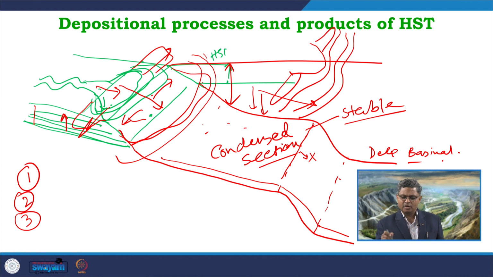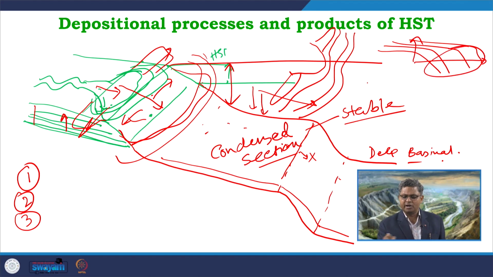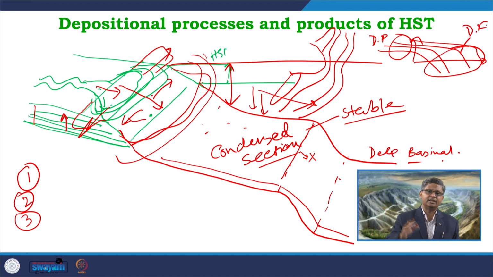Definitely it is aggrading because the aggradation and progradation is going on like this. So, definitely there is aggradation, but along with that we have progradation. This part is the delta front area, this part is the delta plain area. So, the delta plain is having more aggradation than progradation, and the delta front is having more progradation than aggradation.